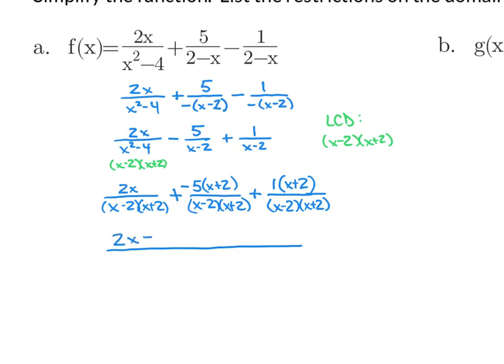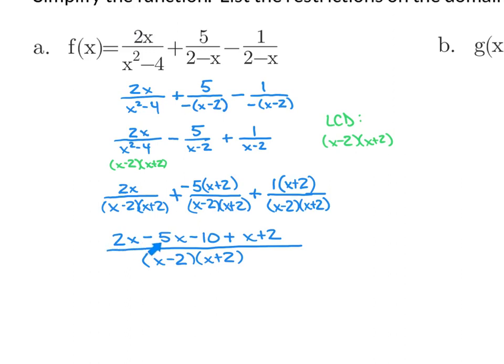Second one, we get minus 5x minus 10 plus 1 times x plus 2 is just x plus 2, all over x minus 2, x plus 2. Okay, if we go ahead and simplify, I can combine my x terms.